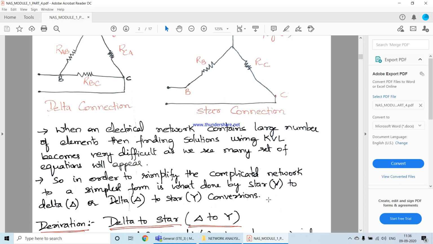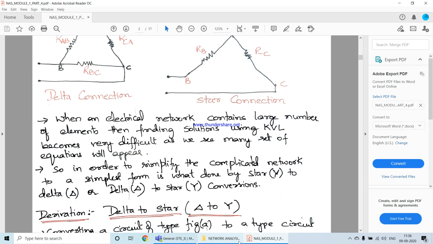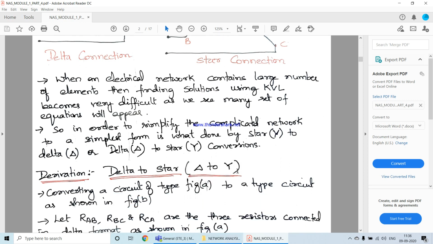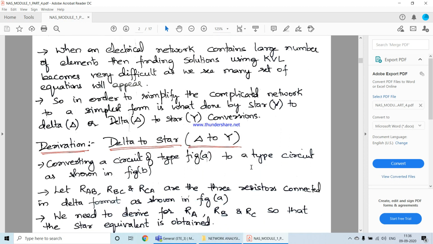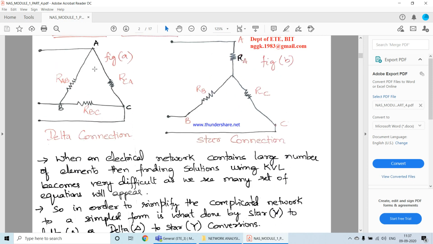Now let us see how to derive the conversion from delta format to star format. Converting a circuit of type figure A to the circuit shown in figure B is delta to star conversion. It means, if you go back to the figure, converting a circuit in this format to this format is delta to star conversion.